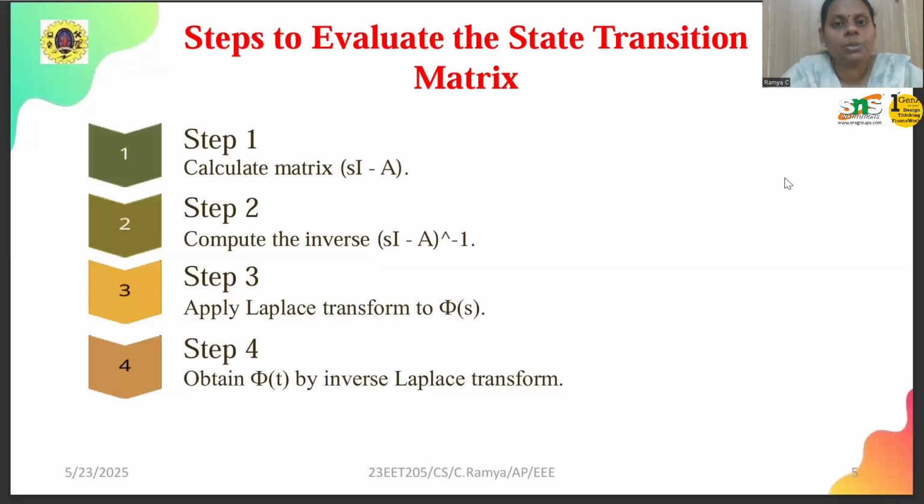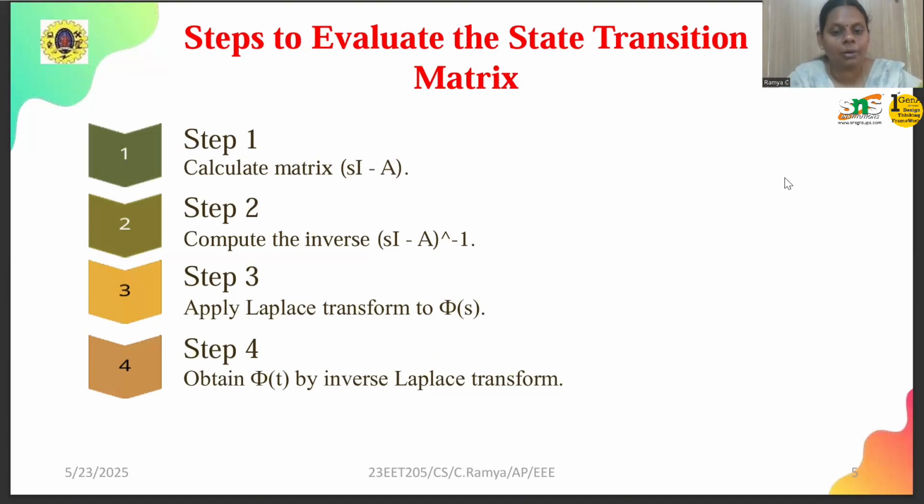Next are the steps to evaluate the state transition matrix in a structured way. We are going to see that in a step-by-step process. In step 1, we compute sI minus A, where I is the identity matrix. In the second step, we find its inverse, that is (sI minus A) the whole inverse. In the third one, apply the Laplace inverse to obtain phi of t.